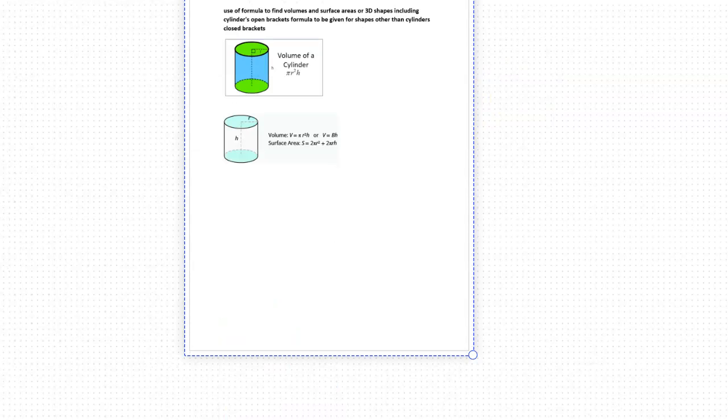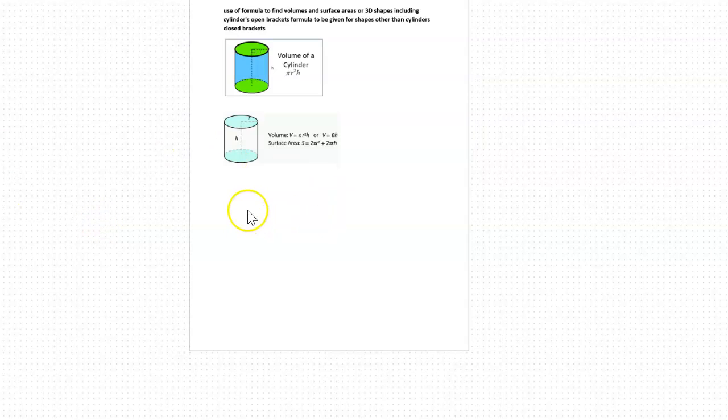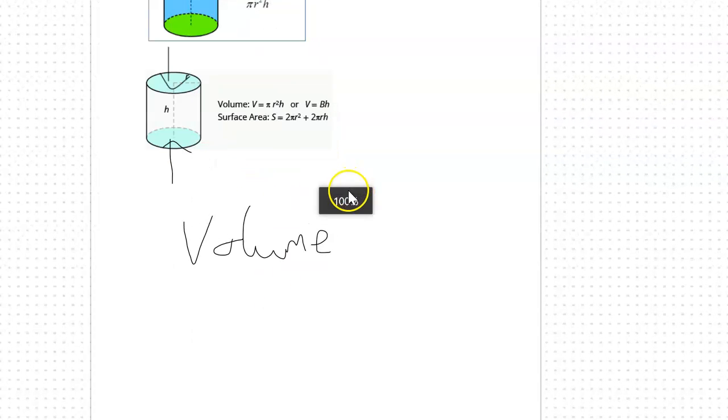Okay, again, the explanation: use of formula to find volumes and surface areas of 3D shapes, including cylinders. Formulae to be given for shapes other than cylinders. So there we've got the volume of a cylinder formula, and we've also got the surface area of a cylinder. Let me zoom in, so the volume is there, and the surface area is there. Sorry, the surface area is not the volume plus the area of the two circles.